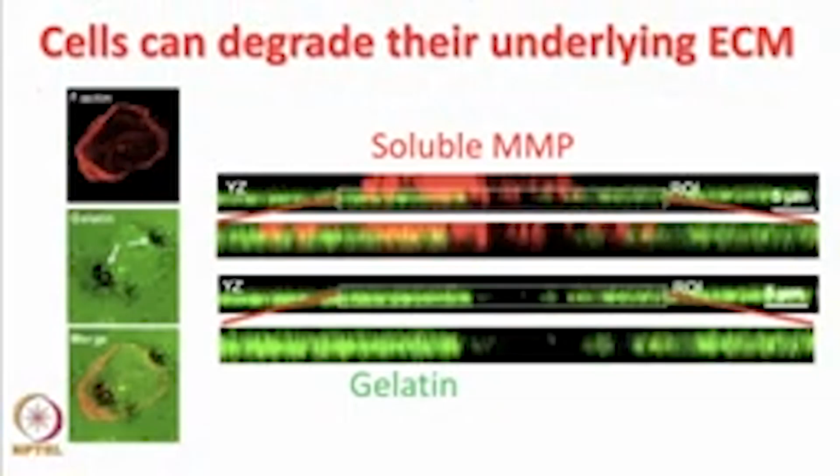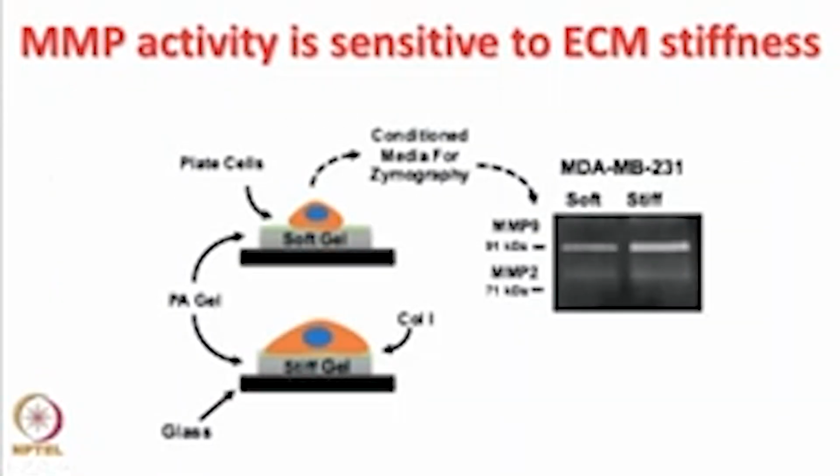What is also interesting is that this secretion of MMP is dictated by the passive stiffness of the substrate. So, this is an experiment in which these cancer cells have been plated on soft polyacrylamide hydrogels or on stiff polyacrylamide hydrogels. In both these cases the gels are coated with collagen 1, which is one ECM protein which is recognized by the cells.